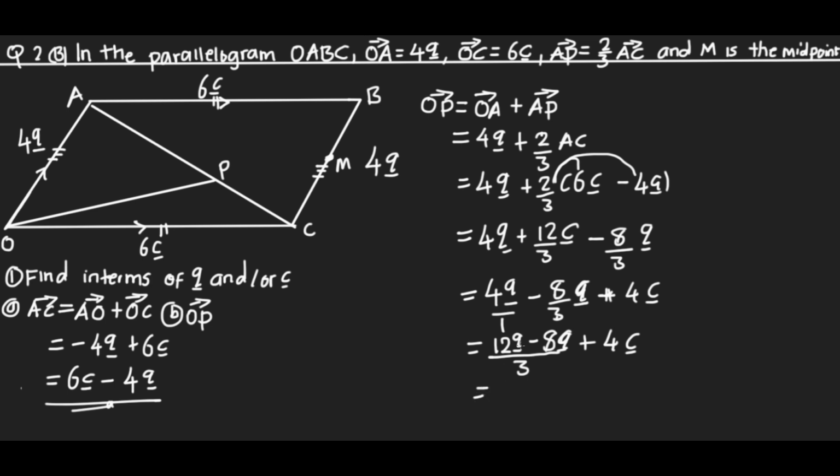Then 12q minus 8q will give us 4q over 3 plus 4c. So this is our answer. So OP is equal to 4 divided by 3 of vector q plus 4c.